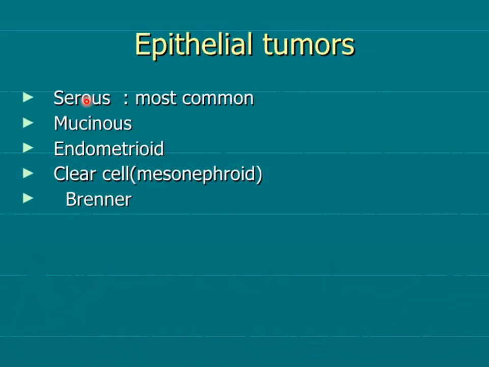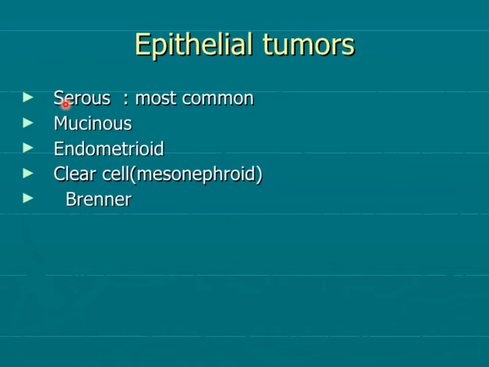The most common epithelial tumor arising from the ovary is the serous tumor. Serous tumors are again categorized as benign, borderline, and malignant tumors. The benign tumors of serous morphology are named serous cystadenomas because they form a cystic structure.